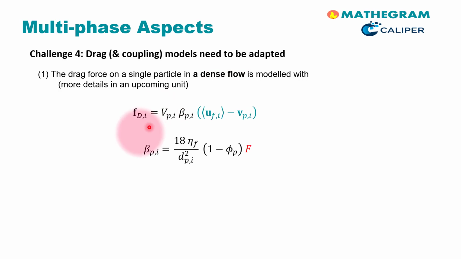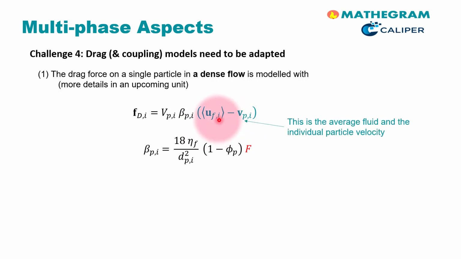The drag force Fdi is calculated from the particle volume, a drag coefficient beta Bi, and the difference of the phase velocities. Specifically, this is the average fluid and the individual particle velocity. The drag coefficient is calculated from the dynamic viscosity eta F, the particle size, and the voidage, here denoted as 1 minus phi p.